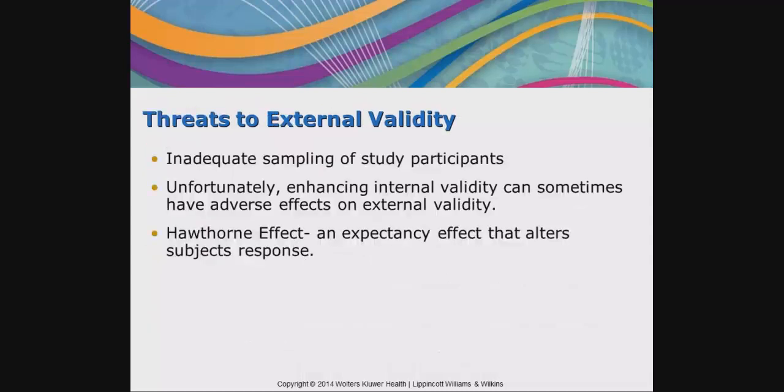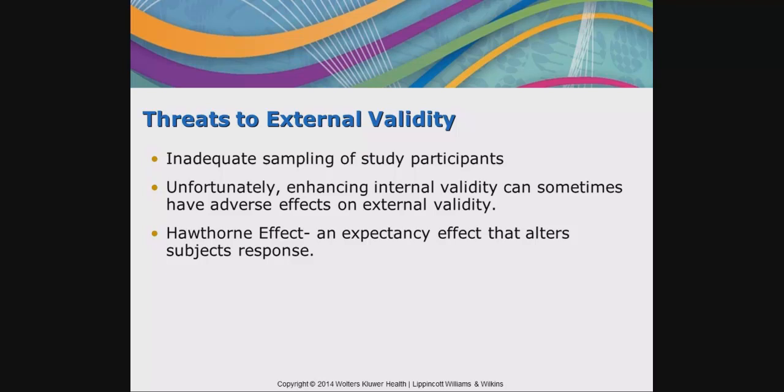And here are external validity threats. Isn't this fun? Let's say the external validity has to do with just inadequate sampling. Because if you don't adequately get representativeness, you are not able to take the study findings and apply them to different groups or populations. An example of that has to do with breast cancer, perhaps.